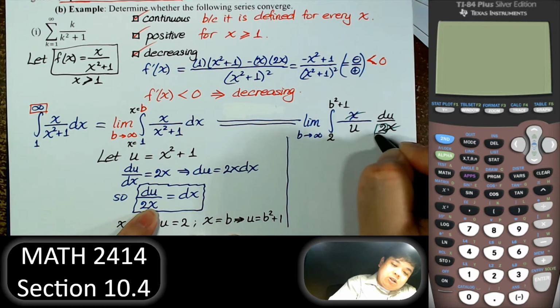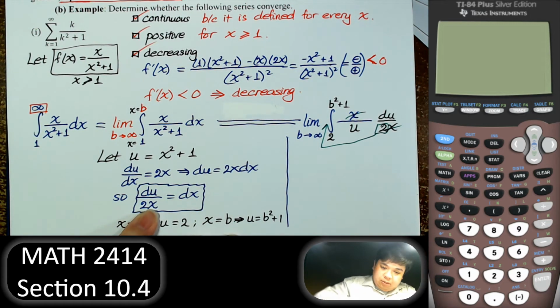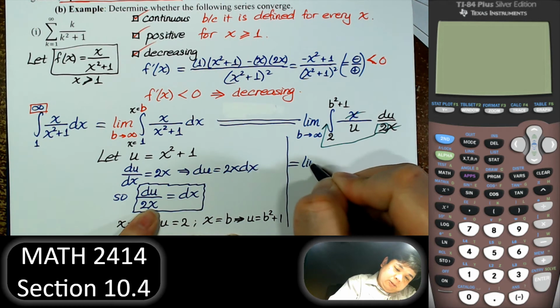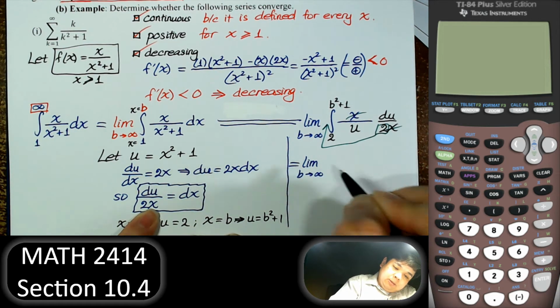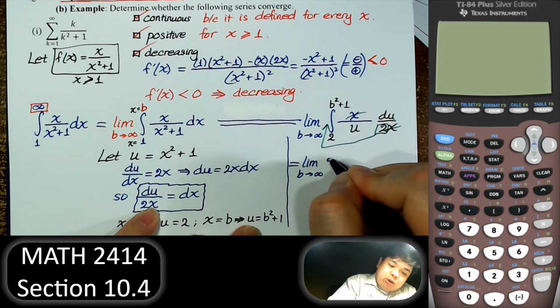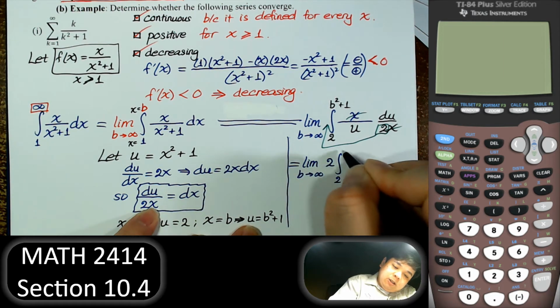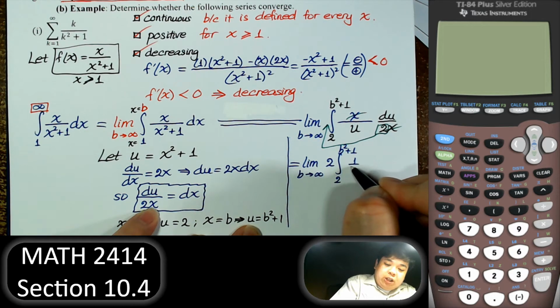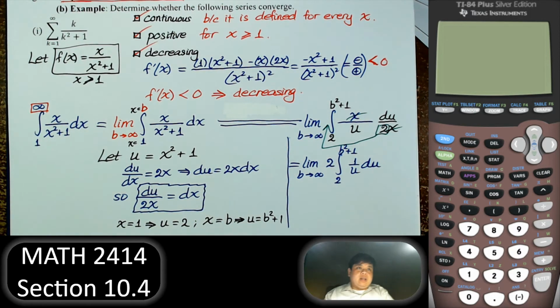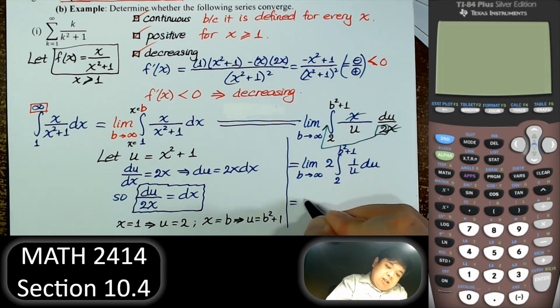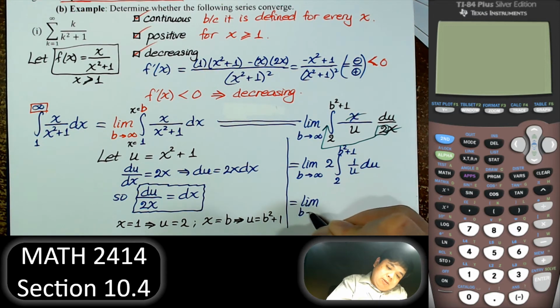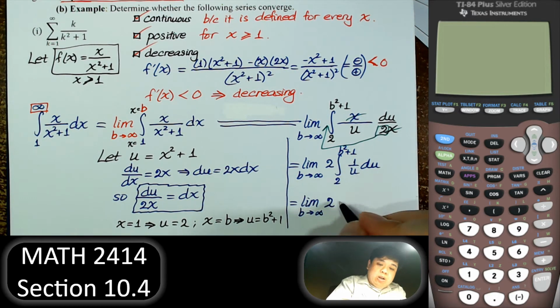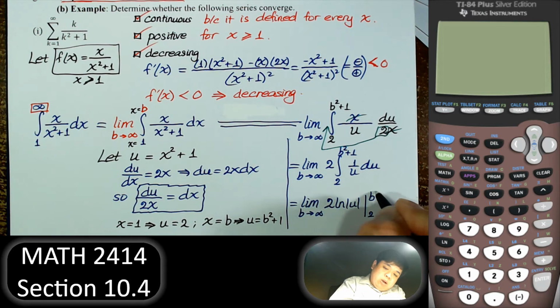The 2 is a constant, so take it outside. Everything cancels out and we have 1 over u du. So pretty much that's what we have. The integral of that is 2 times the integral of 1 over u, which is ln of the absolute value of u, going from 2 to b squared plus 1.